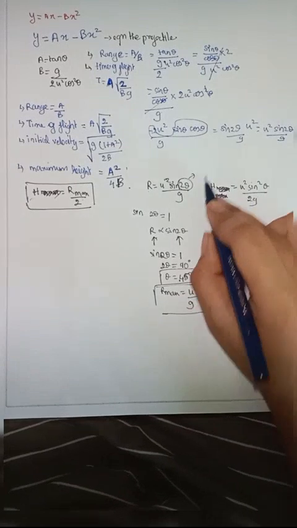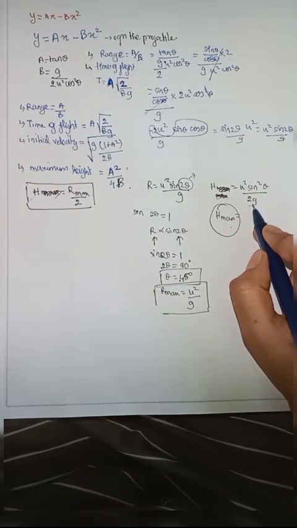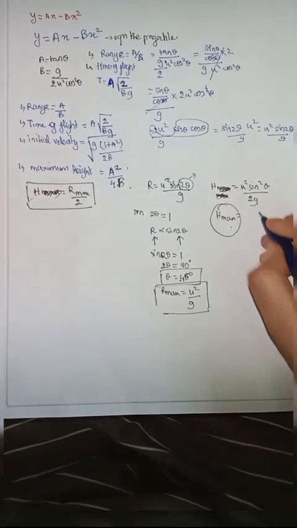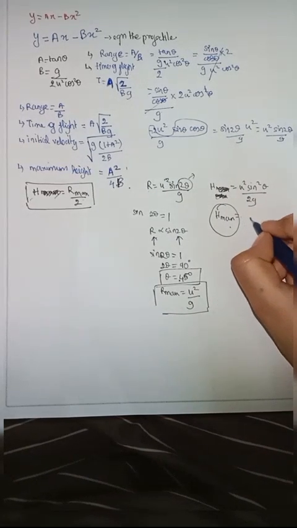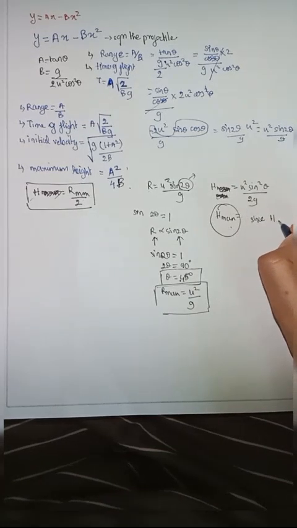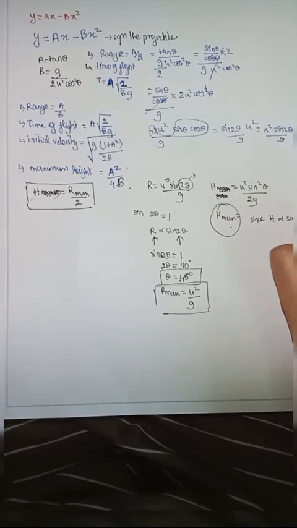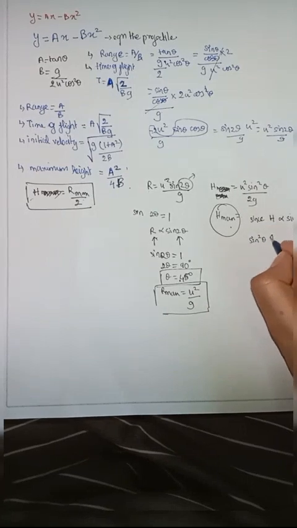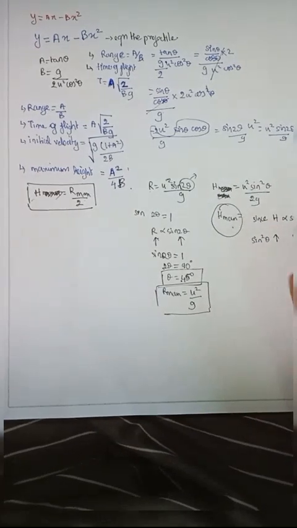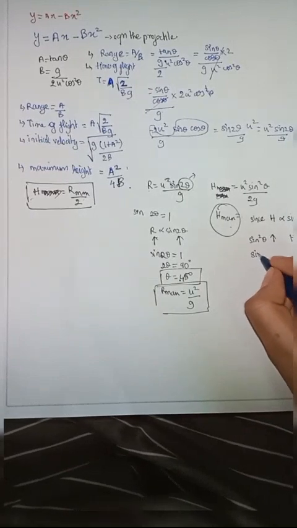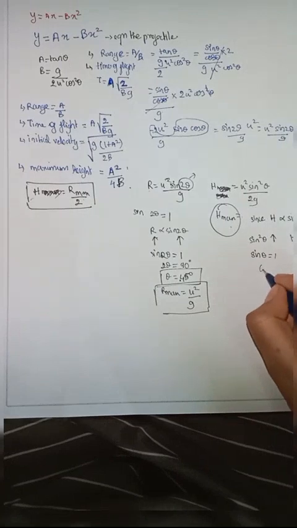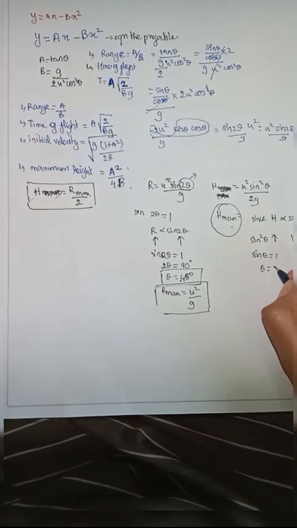H simply represents u squared sine squared theta by 2g. Since height is directly proportional to sine squared theta, if sine squared theta is maximum, height is also maximum. So sine theta equals 1, so theta equals 90 degrees.